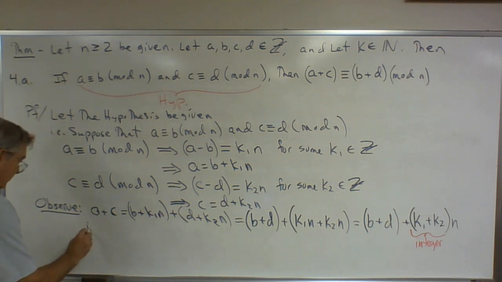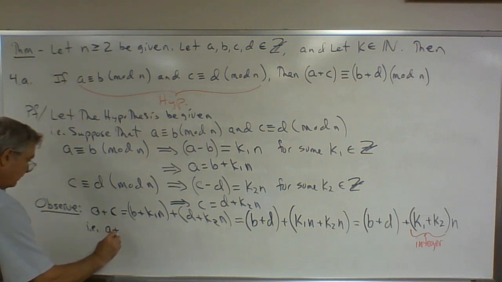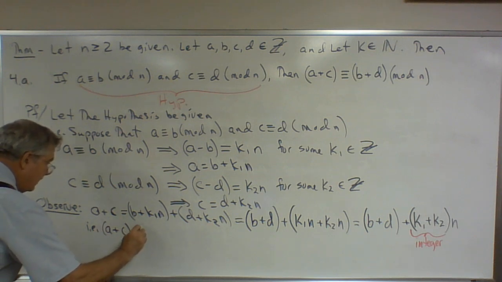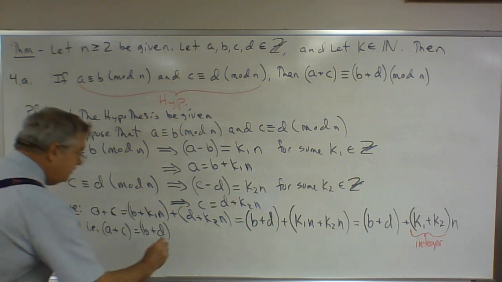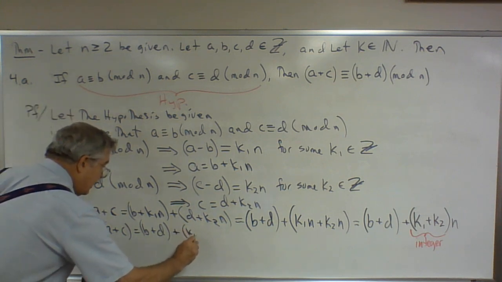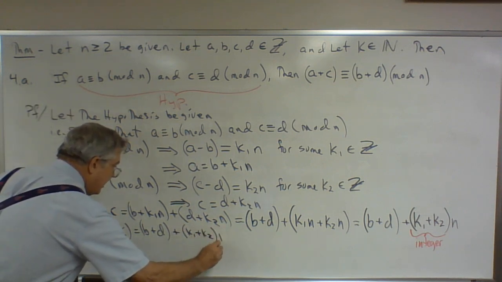So what we established is that A plus C is equal to B plus D plus k1 plus k2 times n.